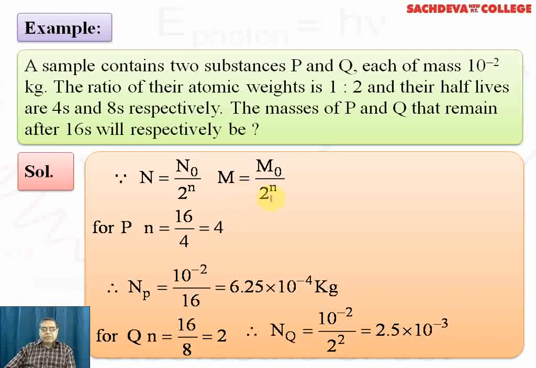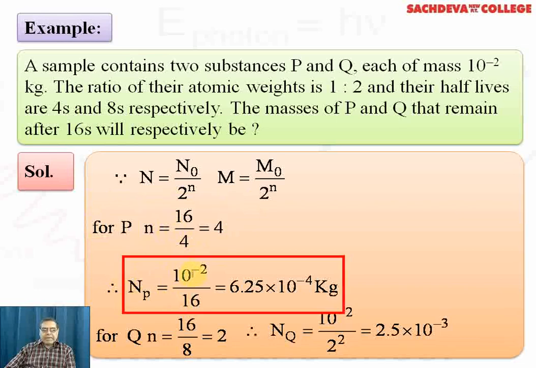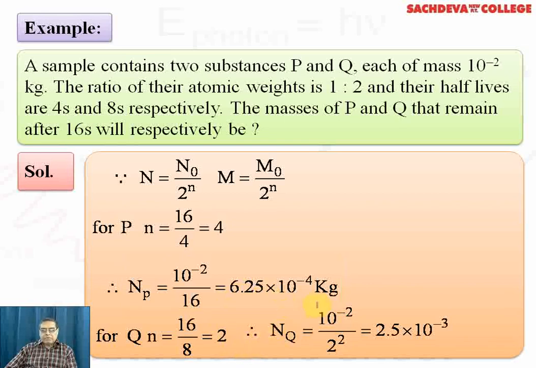So we will write the equation m is equal to m naught over 2 to the power n. Now for P, we find n is equal to 16 over 4, as given in the question. So n will become 4, and m naught for P is 10 to the power minus 2, as given. So the mass of sample P is 10 to the power minus 2 divided by 16, which is 6.25 into 10 to the power minus 4 kilograms.